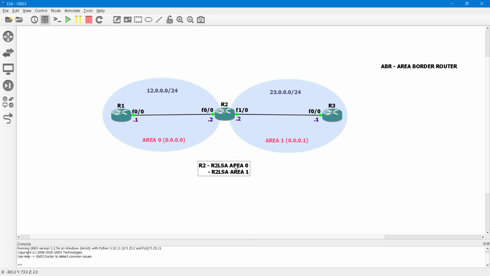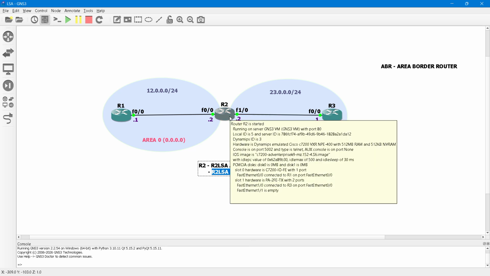The LSA that R2 has generated for Area 0 is going to be under Area 0 only, so only R1 and R2 are going to have this LSA. And the LSA which R2 has generated for Area 1 is going to be under this area only, and R3 and R2 are going to have this LSA.